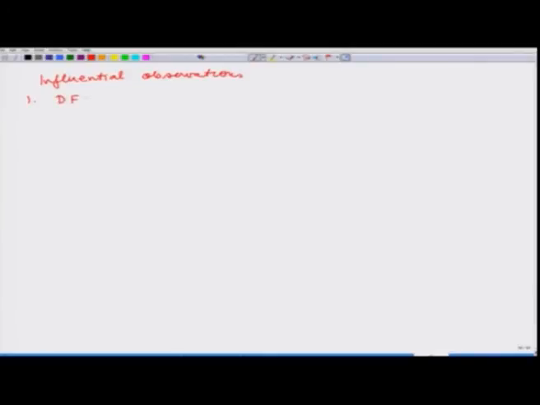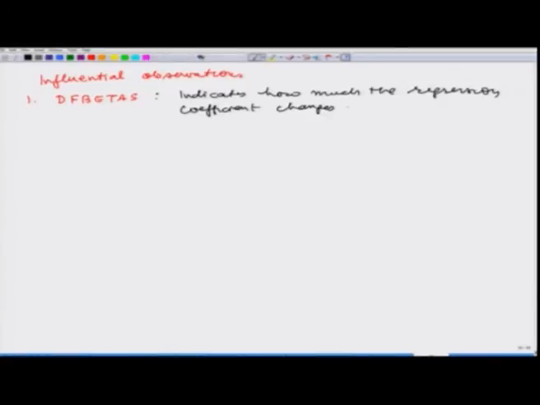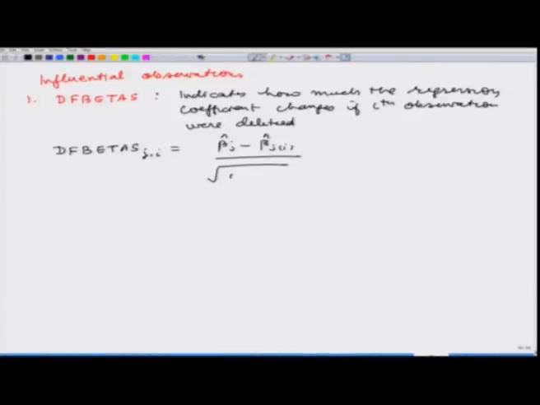The first statistic we call DFBETAS, and this statistic indicates how much the regression coefficients change if the ith observation were deleted, and this is defined as DFBETAS_j,i equals (beta hat j minus beta hat j(i)) divided by sigma hat(i) square root of C_jj.